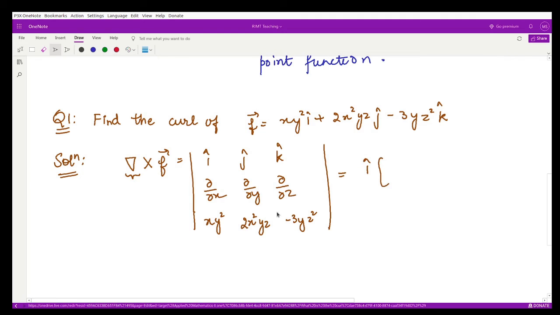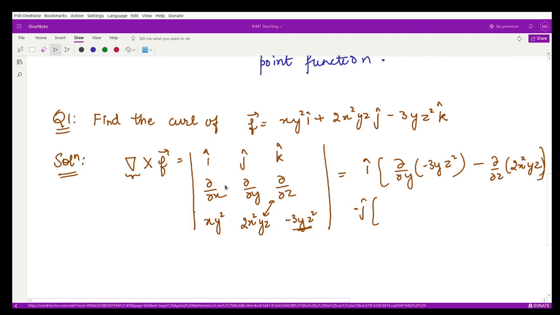For the i vector, you are to perform del by del y of minus 3yz square, minus del by del z of 2x square yz. So this is corresponding to i cap.